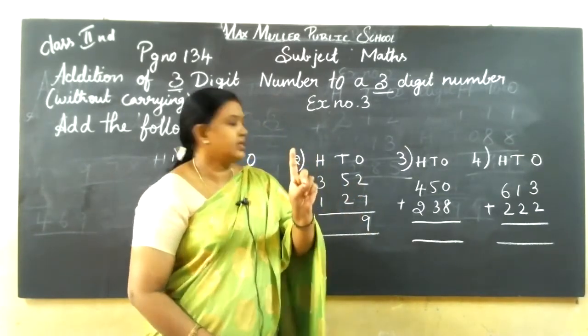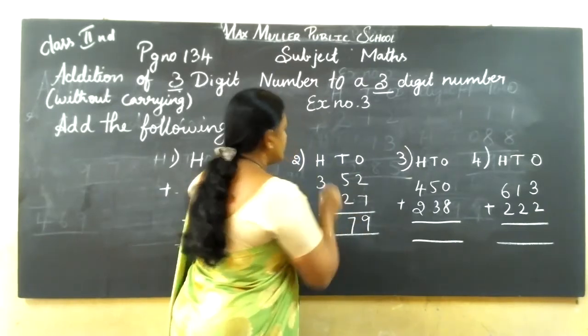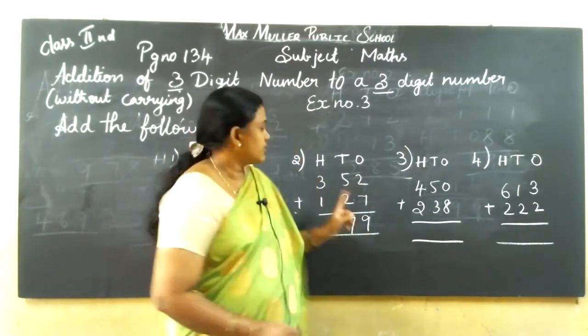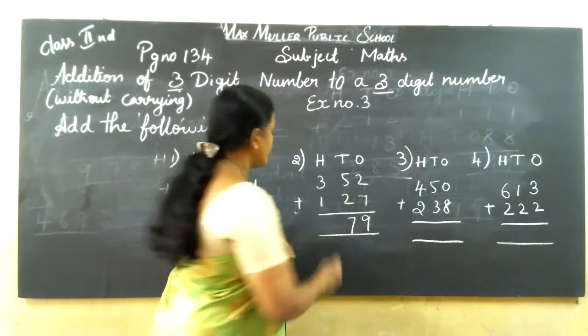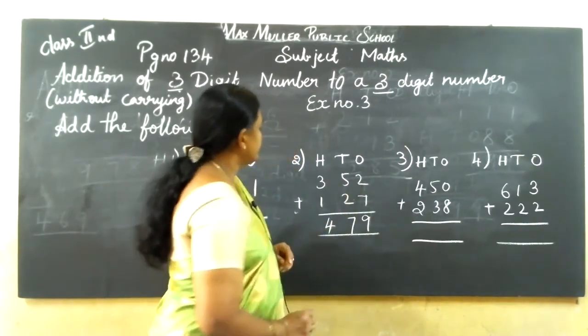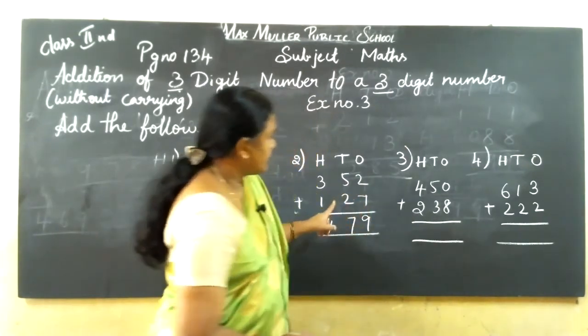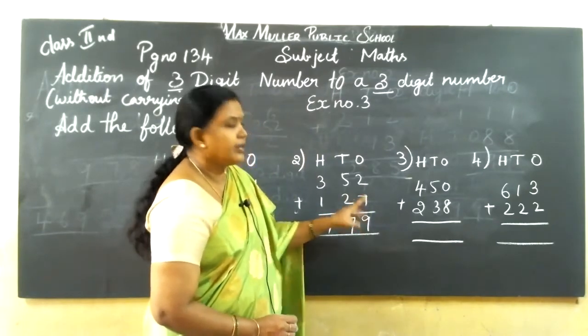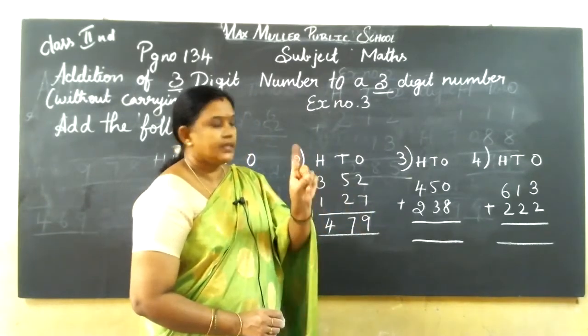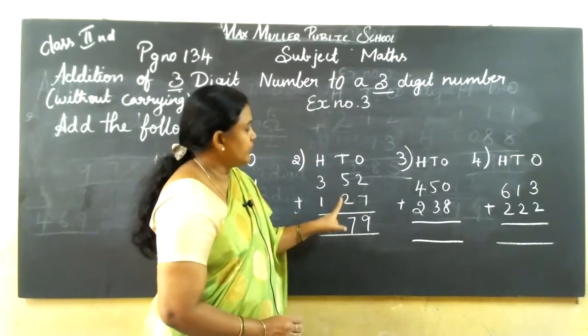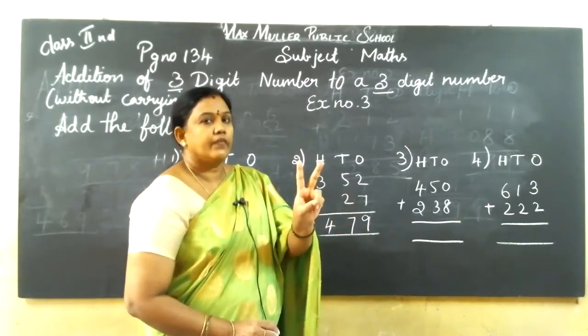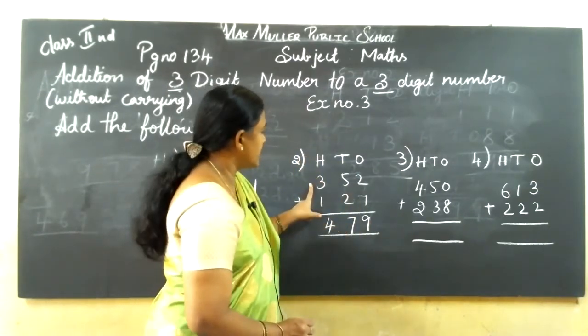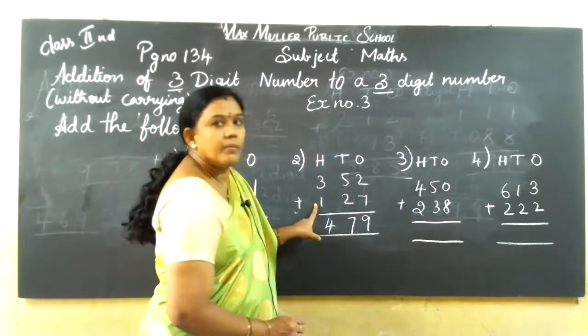After 5, 6, 7. 3 in the mind, 1 in the finger. 4. Shall I repeat once again, children? 7 in the mind, 2 in the finger. 8, 9. 5 in the mind, 2 in the finger. After 5, 6, 7. 3 in the mind, 1 in the finger.